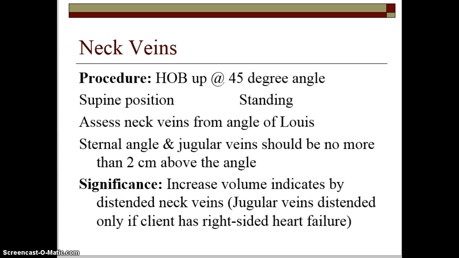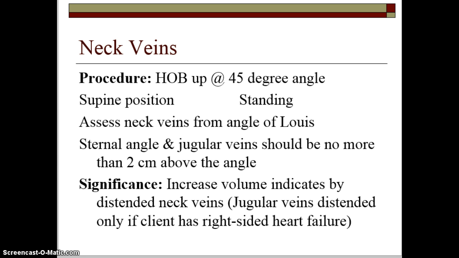When we assess the neck veins, that's looking for jugular vein distension or JVD. The procedure is to put the head of the bed at about a 45-degree angle, having the patient lay supine. We look at that angle of Louis in the neck. We have them kind of turn their chin away from you so you can see that.